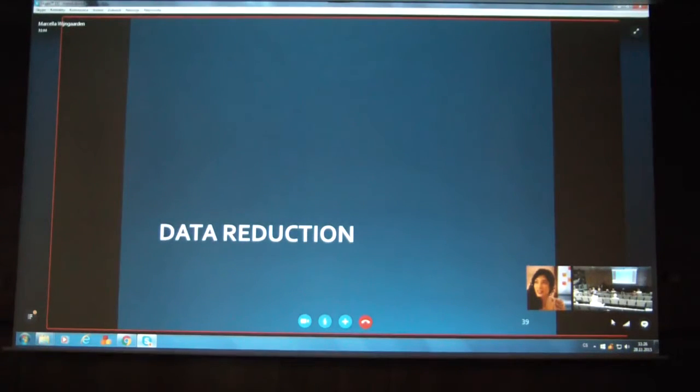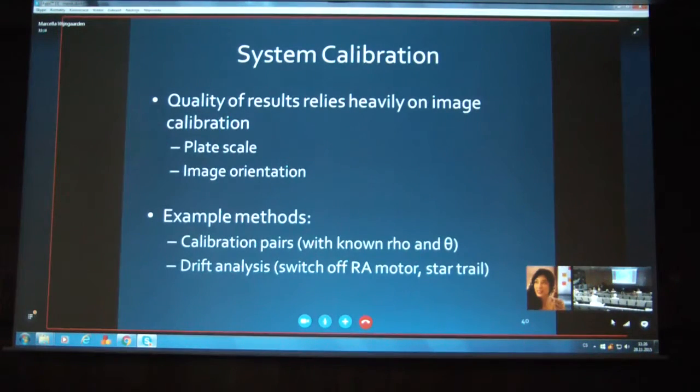And then let's move on to the data reduction, because the most important things we already discussed in the theory section. But an important thing is that the quality of the result heavily relies on how well the image is calibrated. So you really need to know the image scale and the image orientation of your system. And there are several methods to do this, perhaps you're familiar with them.